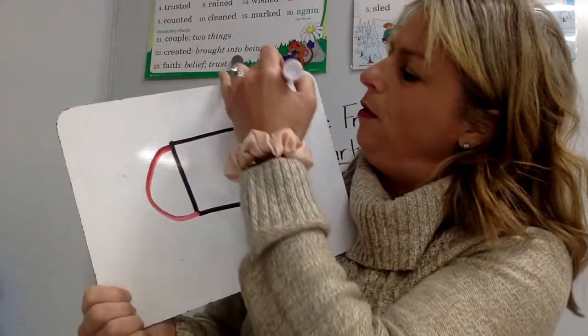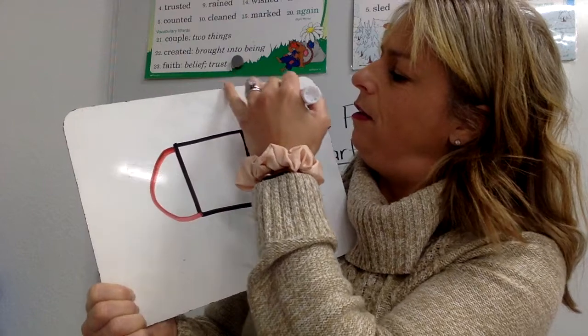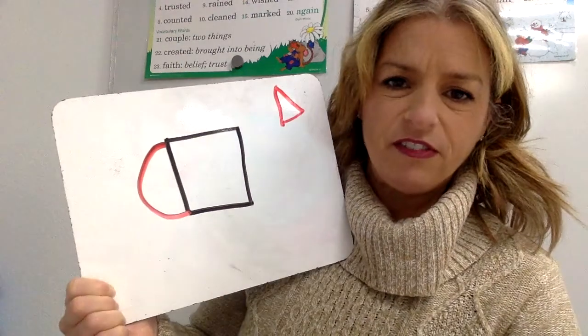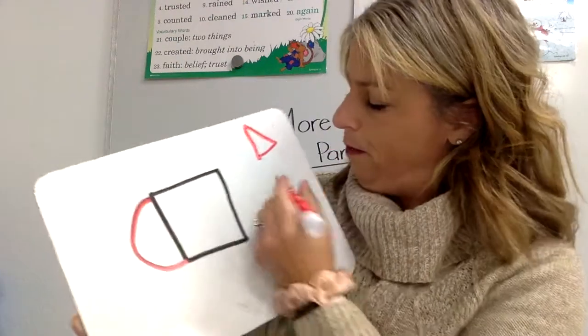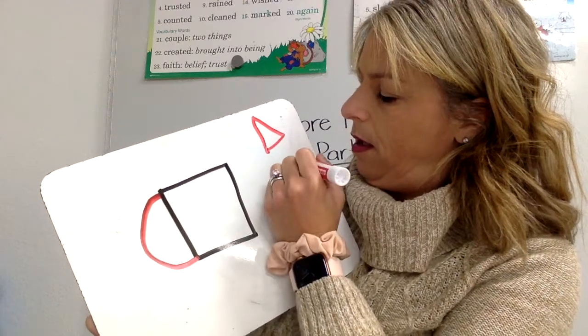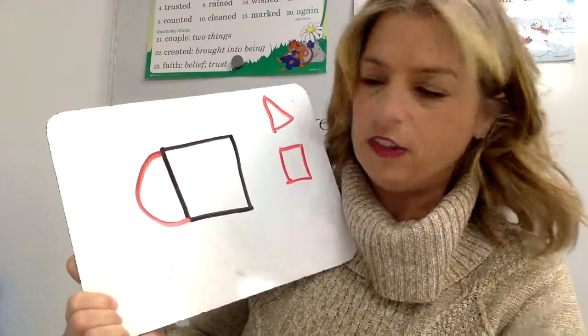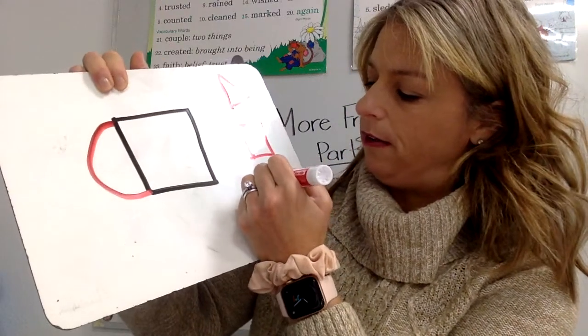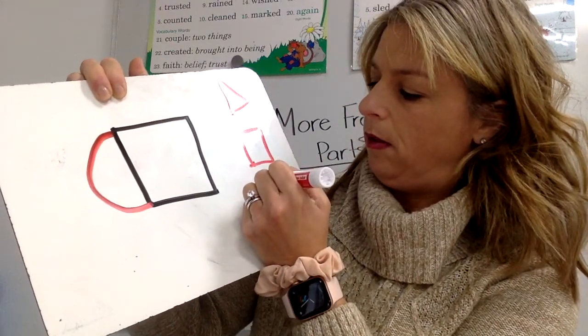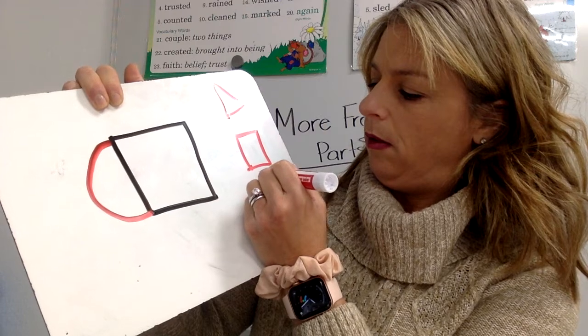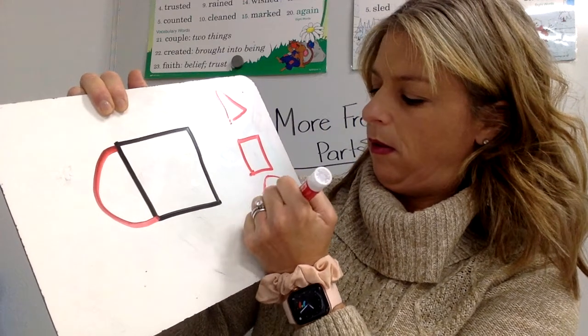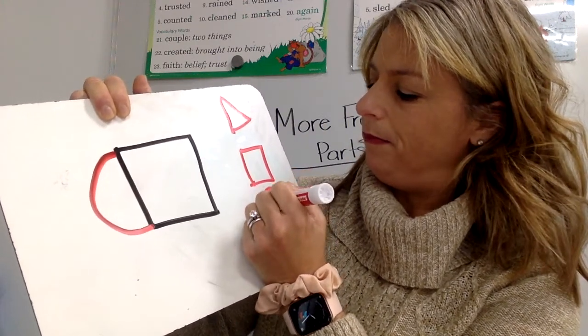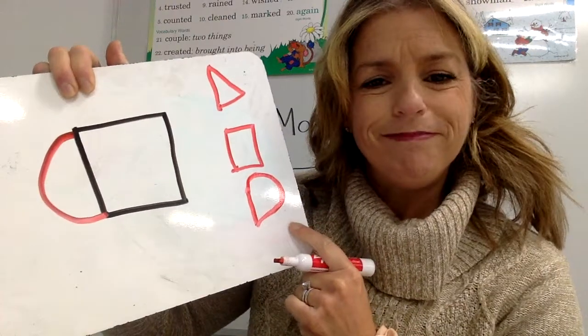So we know, is this a half of a circle? No. How about this? Is that half of a circle? No. Oh, I know. Here it is. That?